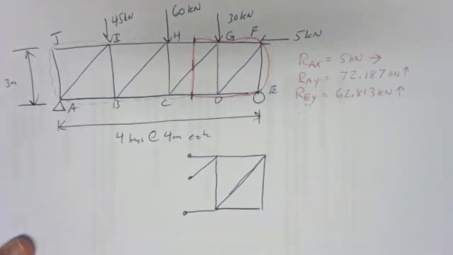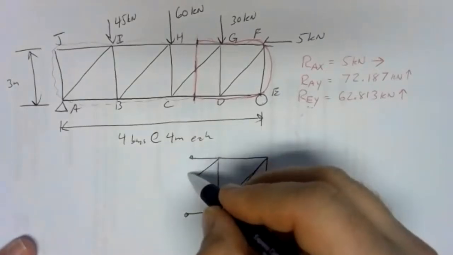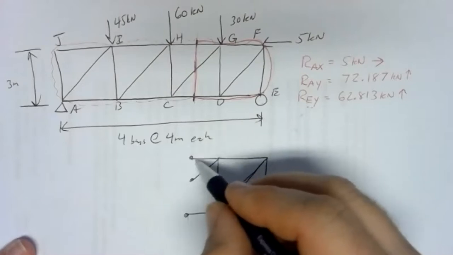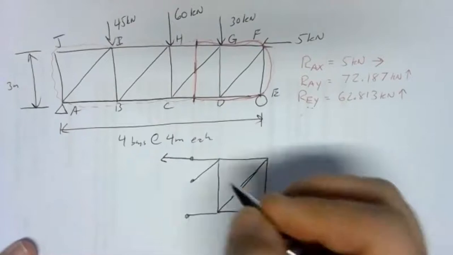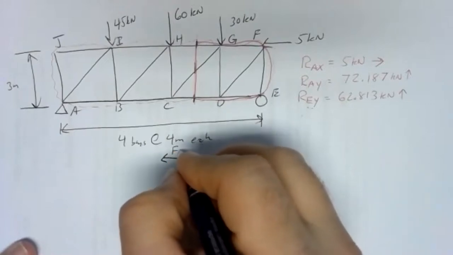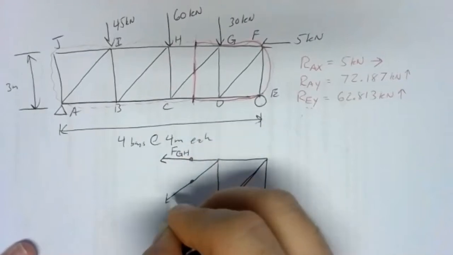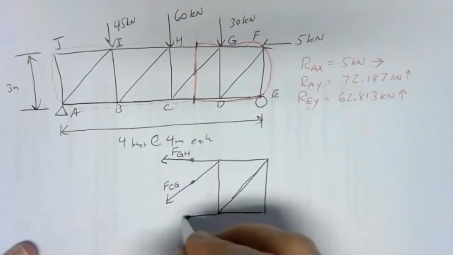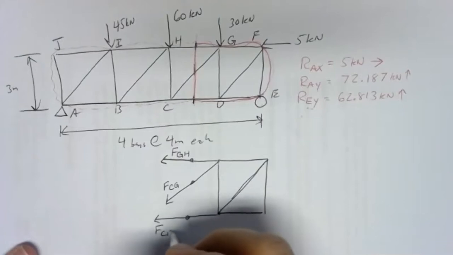And by default, we always draw our unknown forces, the forces we expose by cutting through these members, so they're pulling on the piece of the member you're keeping. So I'm going to draw this over there like that. That'll be the force exerted on member GH. This one will be the force exerted on the member CG. And this one will be the force exerted on member CD.